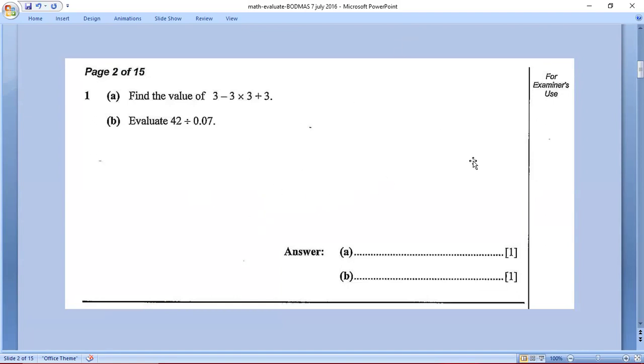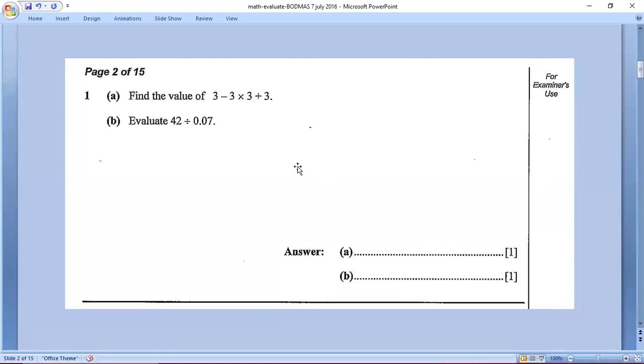You don't use a calculator in paper 1, but you can use the space provided within the question paper. Do your working. That also guides the marker, to see what was happening, what your thinking process was, for you to arrive at this answer.